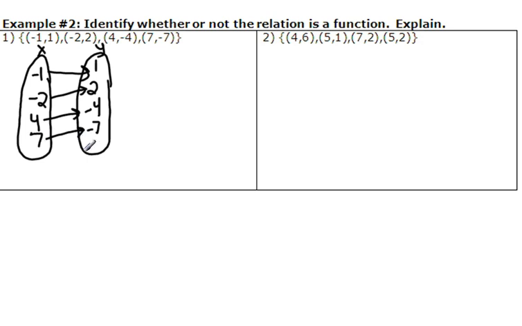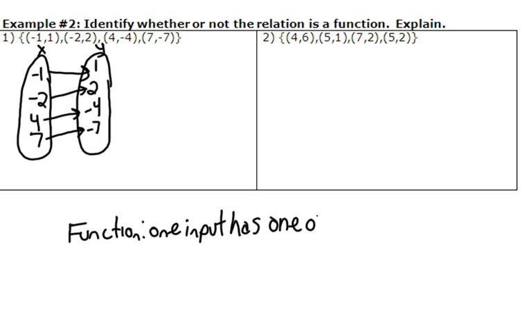Now, a relation is a function if one input has one output. What that means is if every x value only has one y value.